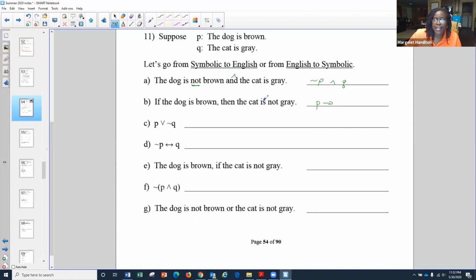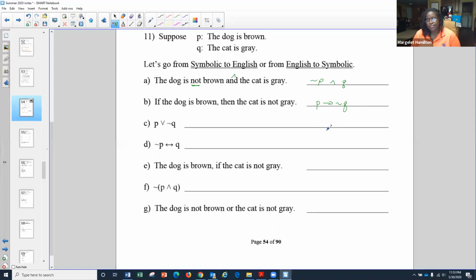Then the cat is not gray. Q is the cat is gray, so if the cat is not gray, we have negation Q. So if the dog is brown then the cat is not gray changes into P implies negation Q.